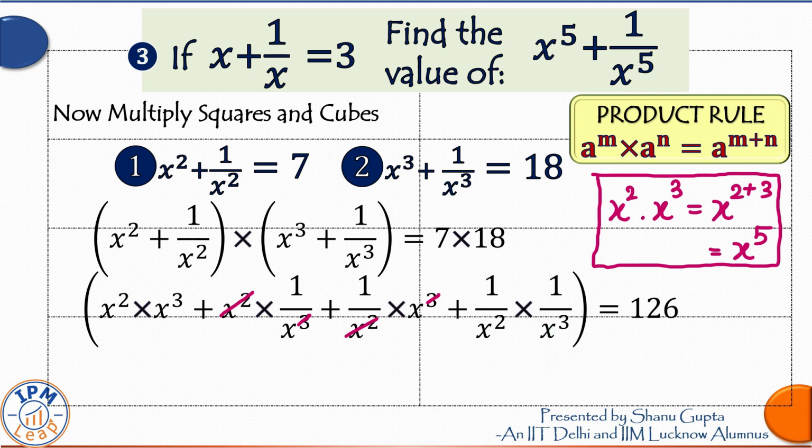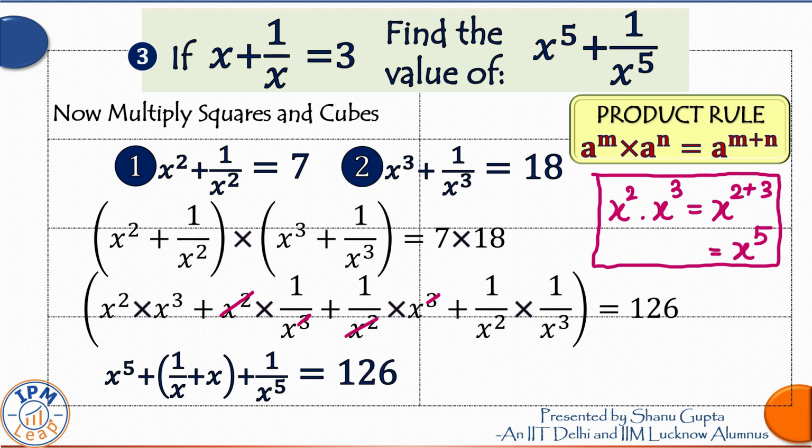The two middle terms can be simplified further because a lot of x's are common. Square and cube resulting will be a simple 1 by x, and similarly here we will get a single x. So see, the middle two terms get clubbed into x plus 1 by x, which we can see from the original equation is equal to 3.